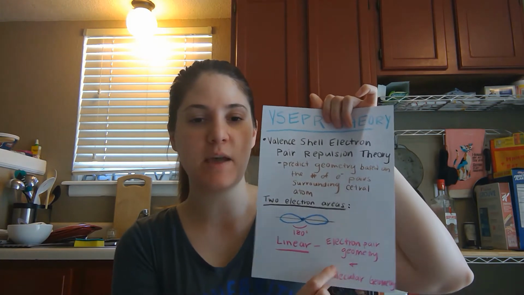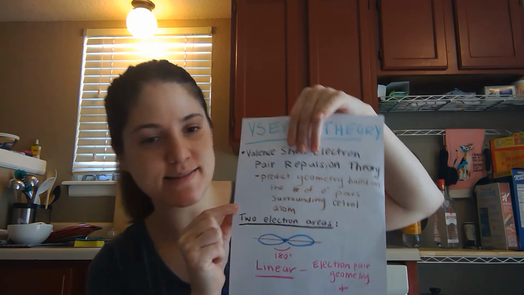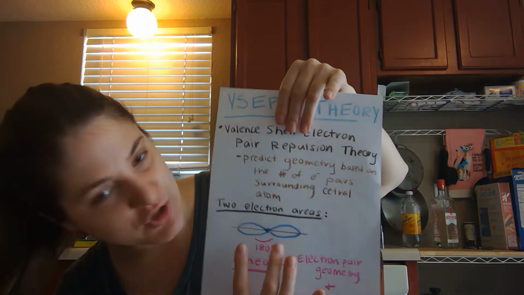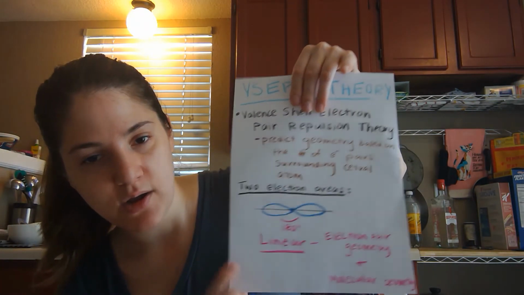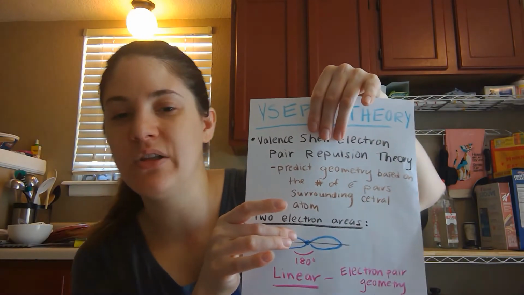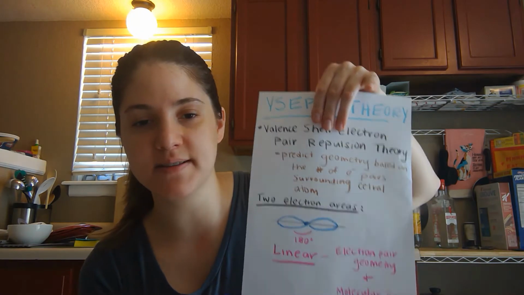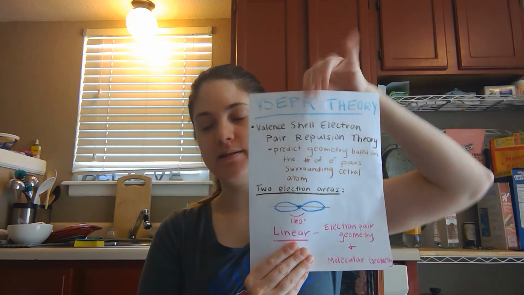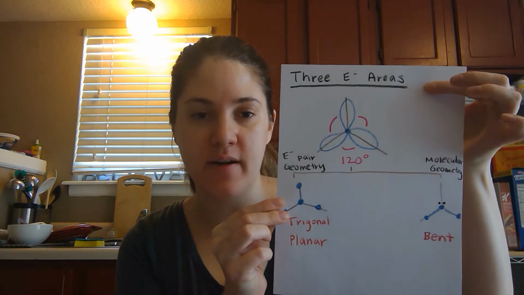We'll get more into the difference between those for the next examples, because as you can see, when there's two electron-rich areas, it would be two bonds 180 degrees apart, or linear. If one of those was replaced with a lone pair, then it would just be a bond between two atoms, which would obviously be linear as well. So that's two electron-rich areas.